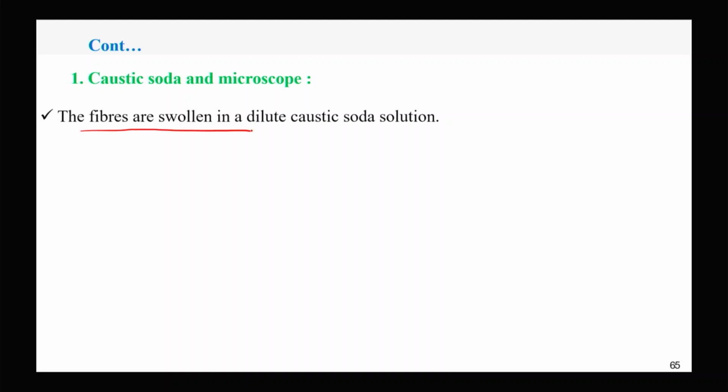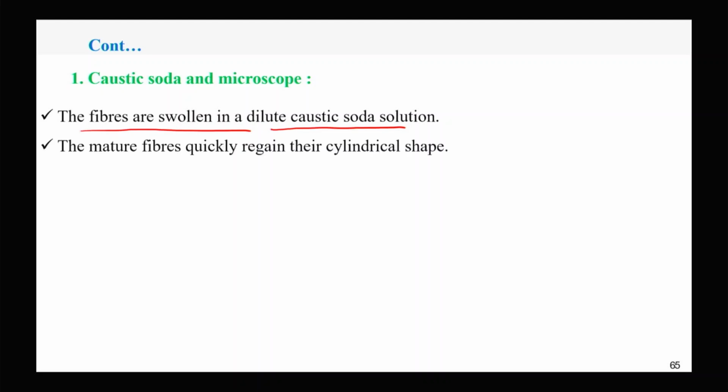Fibers are first dipped into diluted caustic soda solution and get swollen.